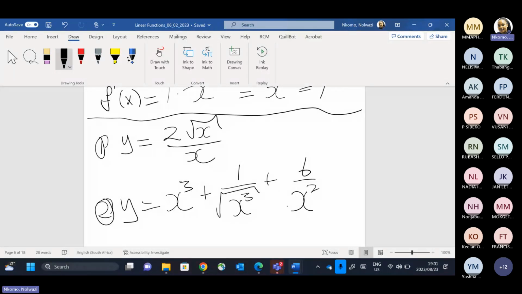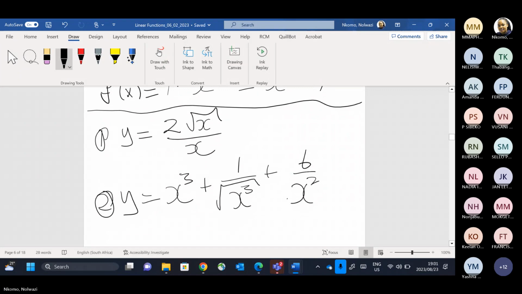Okay. A hint here. We will use the rules of exponent, which is okay. If you have nth roots of x to the power m, you can write this as x to the power m over n, right?